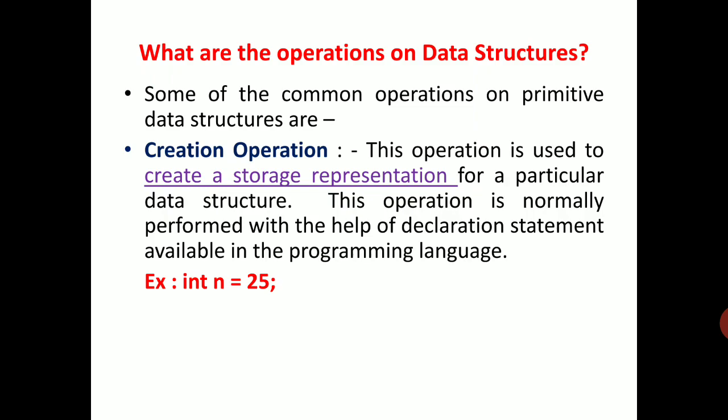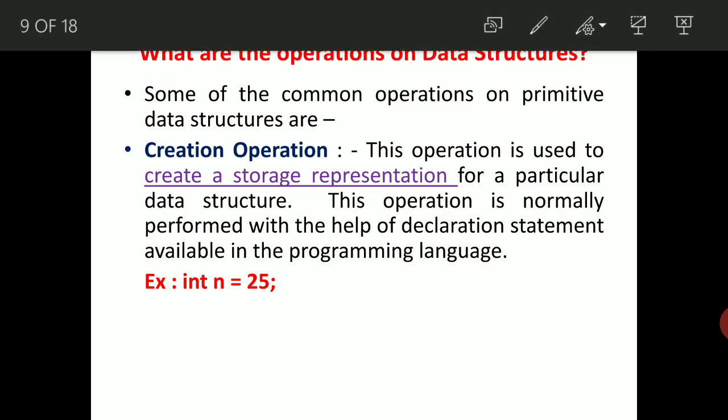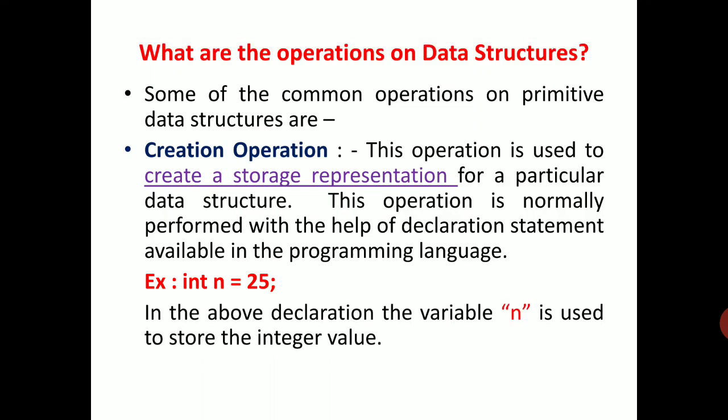As we see in the example, n is an integer variable which has been assigned the constant value 25, and that 25 is stored in a memory location which is named n. And we know that an integer data type requires 2 bytes of memory.